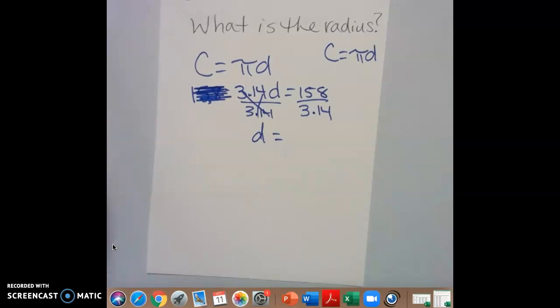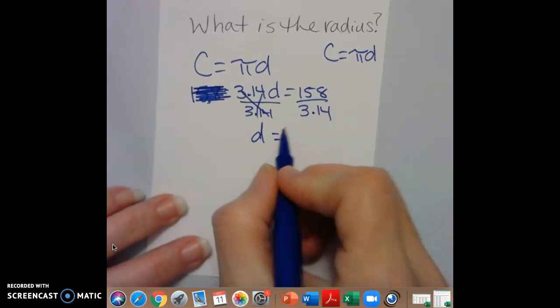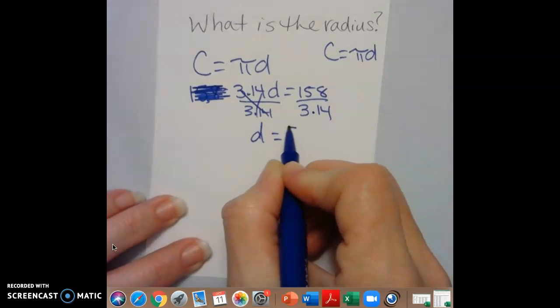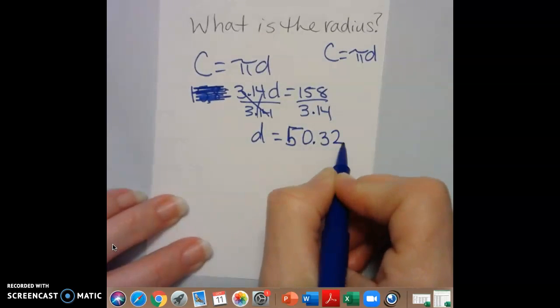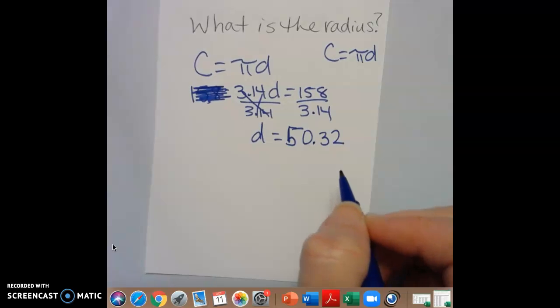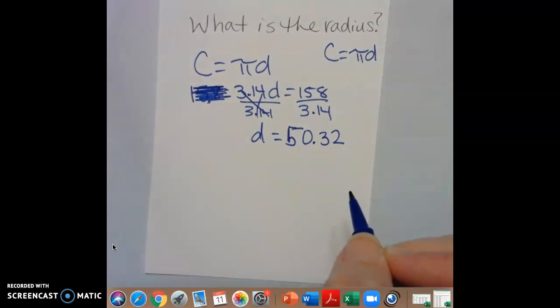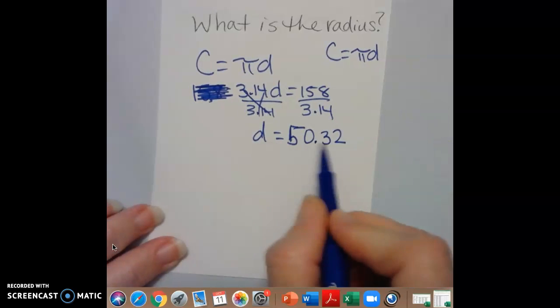And d equals, so if I have 158 divided by 3.14, I get 50.32. I'm not going to write all those decimals. There's a lot more decimals there, but I'm not going to write them. So, especially on the end of grade test, they would have this answer there.